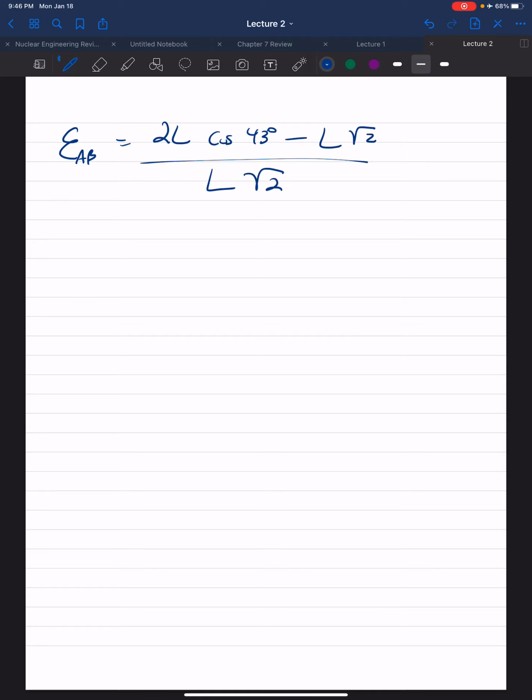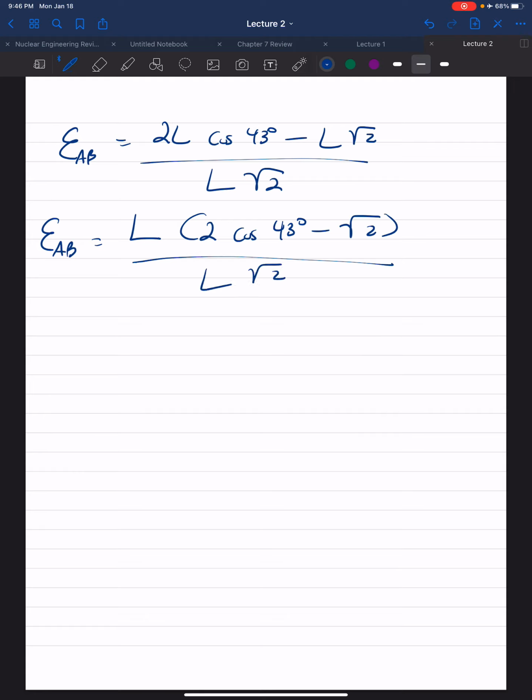Solve that out. It'll be L times 2 cosine 43 degrees minus square root of 2, over L times square root of 2. The L's cross out: 2 cosine 43 degrees minus square root of 2 over square root of 2.